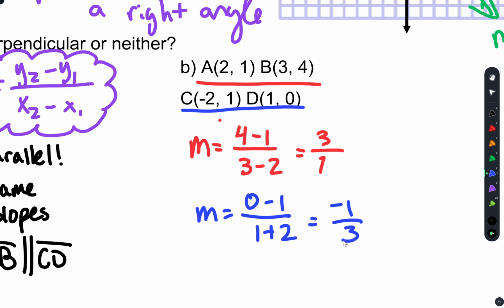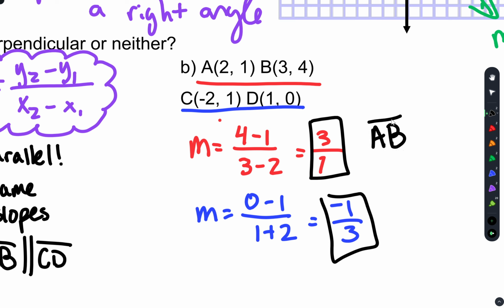What do we think about those two slopes? Parallel, perpendicular, or neither? Casper. Why? Perfect. So let's say AB is perpendicular to CD, because they have opposite reciprocal slopes.